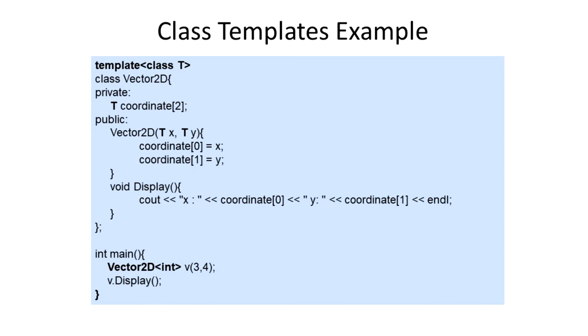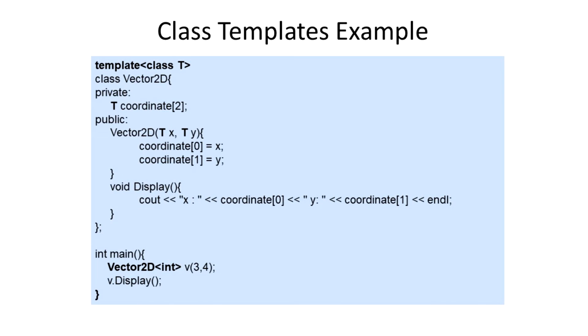So within the class vector2d, we can declare a static array, this coordinate array which has two elements to be of type t, and also the constructor in the public interface, vector2d, to have two parameters. It's a non-default constructor in this case because it takes parameters, but those parameters can be of type t.